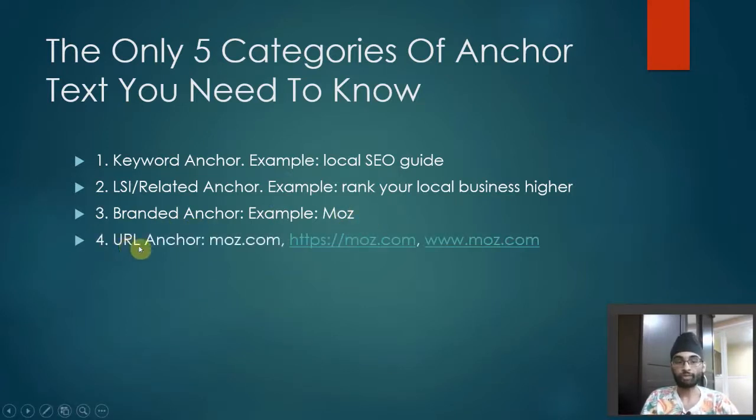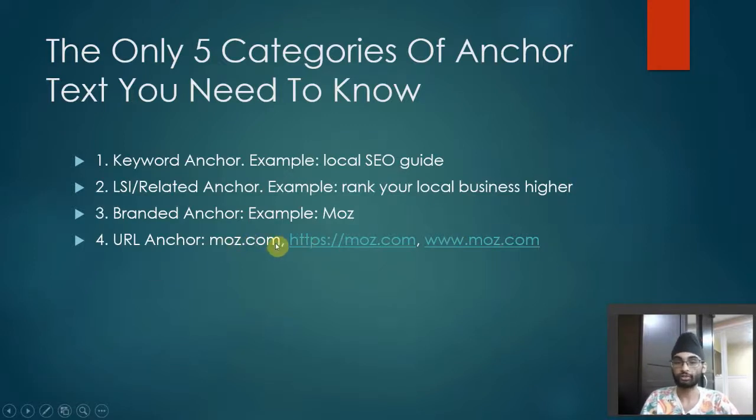The fourth type of anchor text is what I call URL anchor text. URL anchor text basically represents all types of anchor text which essentially are your URL or your web address. So let's say your website address is https://moz.com. Then you can use this exact URL as your anchor text, or you may decide to link using moz.com or www.moz.com, whatever version you choose.